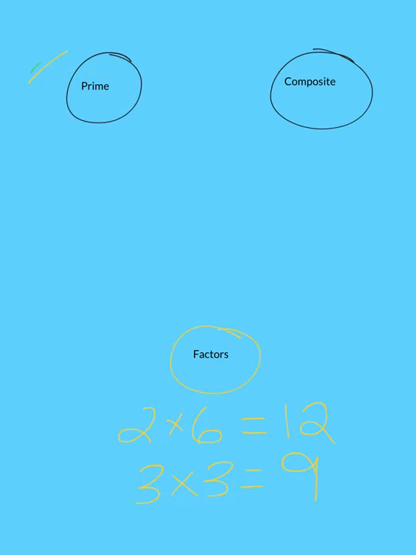So now, when we're going back to prime and composite, I'm going to start with composite. A composite number is a number that has more than two factors.